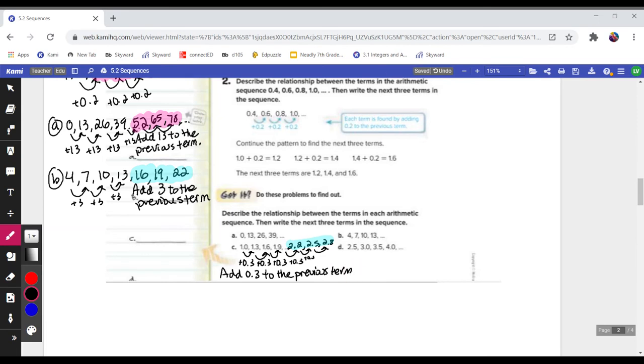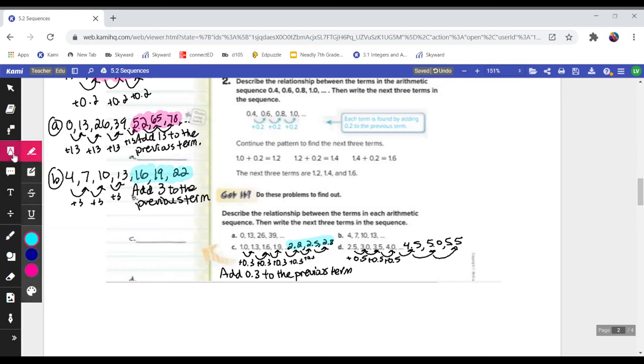All right, let's look at letter D. 2 and 5/10 to 3 and 0/10, you're adding 5/10. Adding another 5/10, and you're adding another 5/10. So continue with that pattern, that becomes 4 and 5/10, 5 and 0/10, 5 and 5/10.